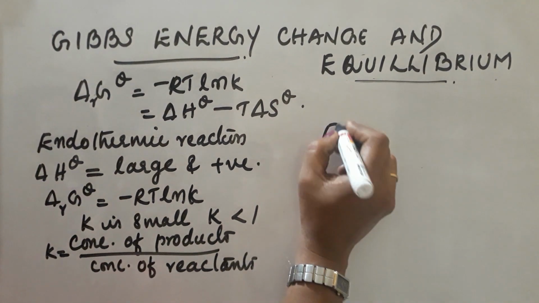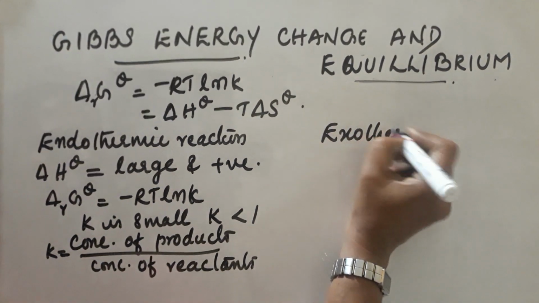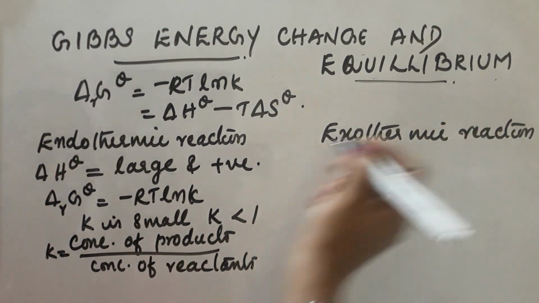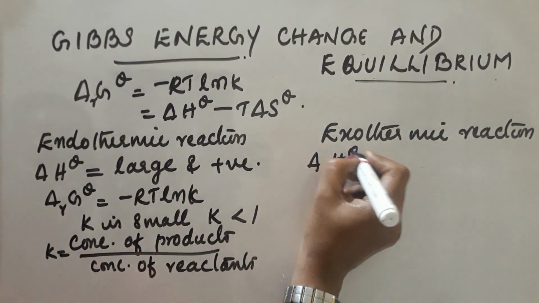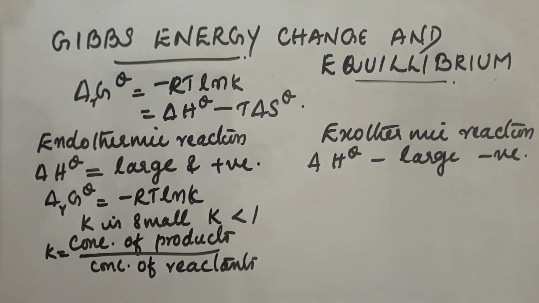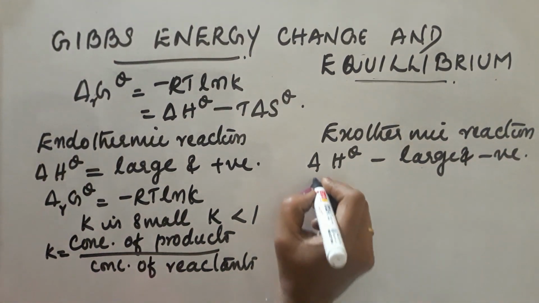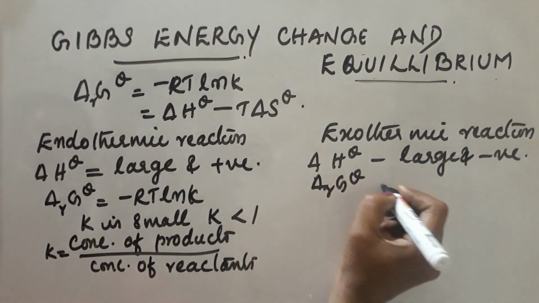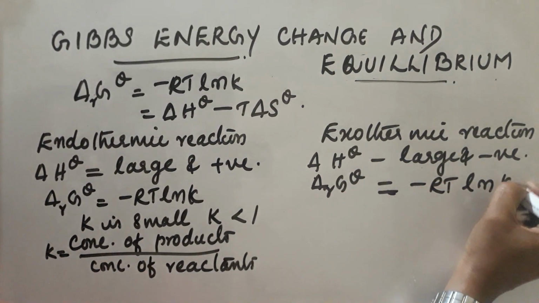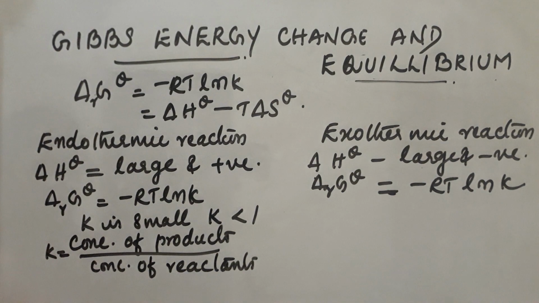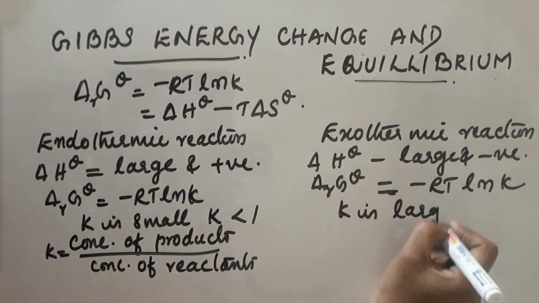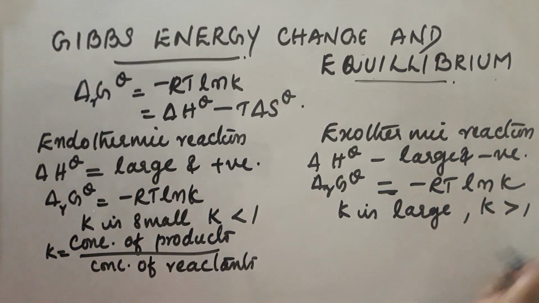Now, in the case of an exothermic reaction, we know delta H is large and negative. So delta G has a large negative value. That means K is large, or K is greater than 1.